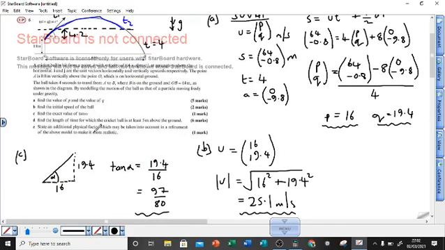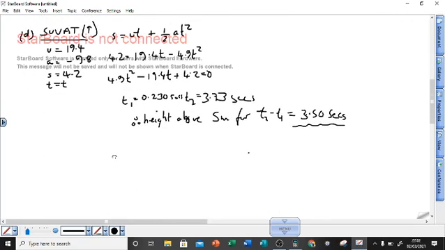Right. State an additional physical factor which may be taken into account in a refinement of the above model to make it more realistic. That's a 1 mark thing. You need to take into account air resistance.